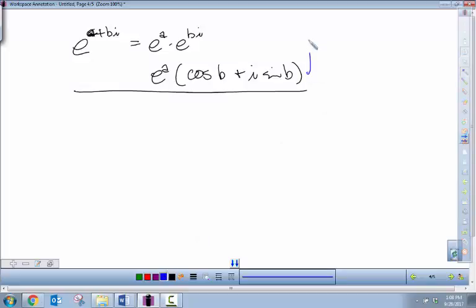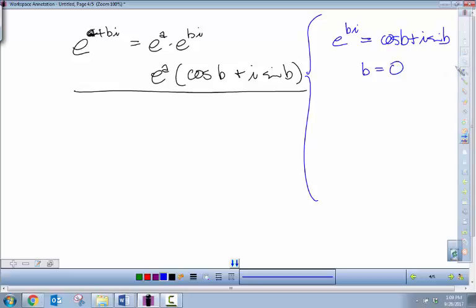Let's take a look at some special cases here. Let's go on another tangent. e to the bi equals cosine b plus i sine b. Let's take a look at what happens when b is equal to 0.